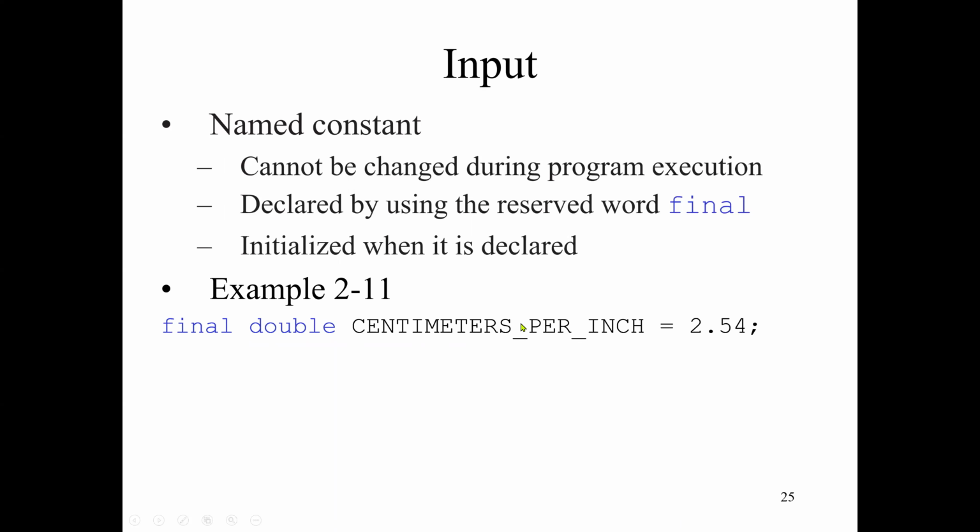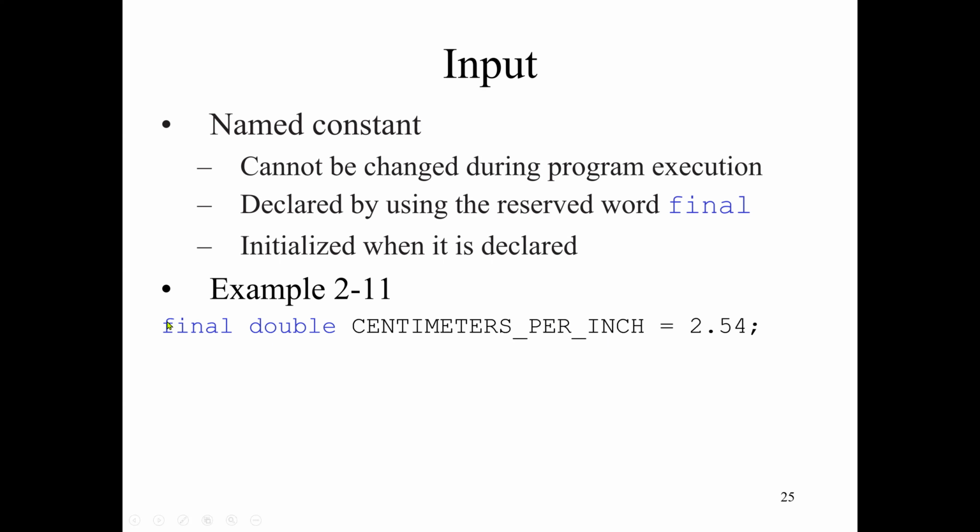Now you can see there's no space between the words, so we use underscores so that it's more readable. The data type is double, which means the centimeters per inch variable only takes a decimal value.